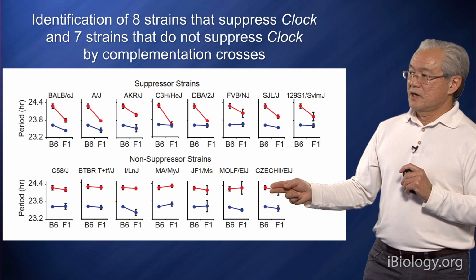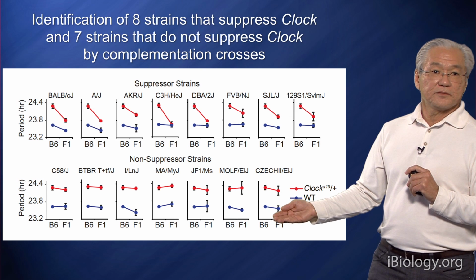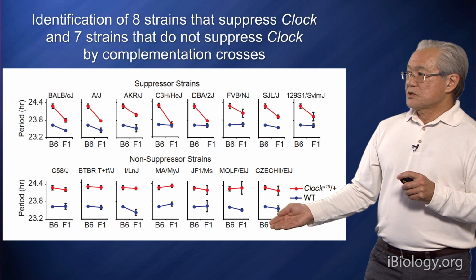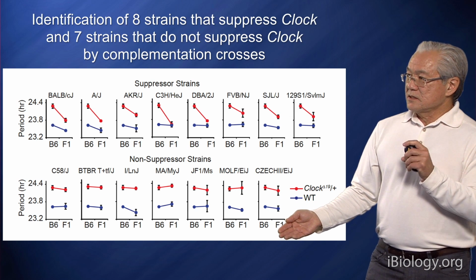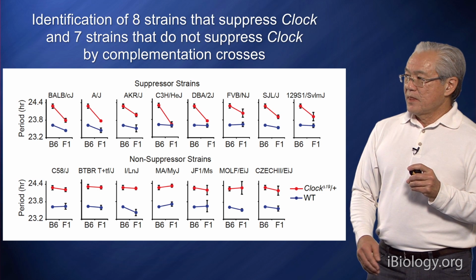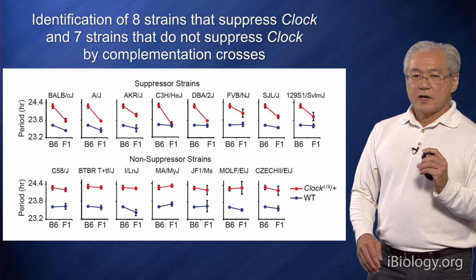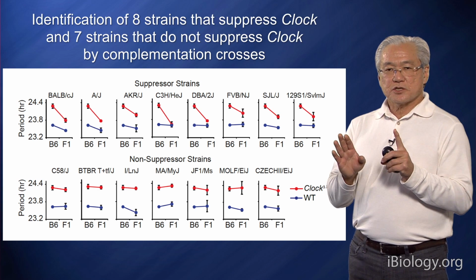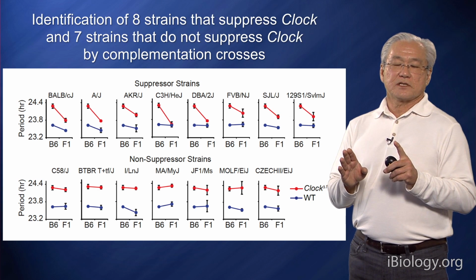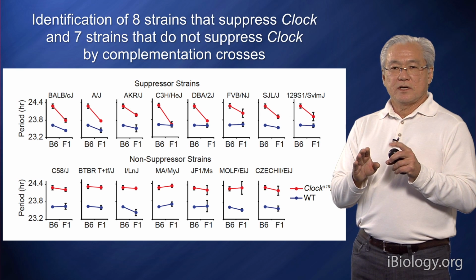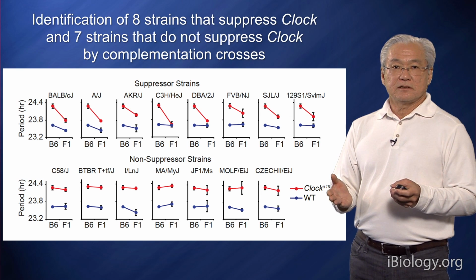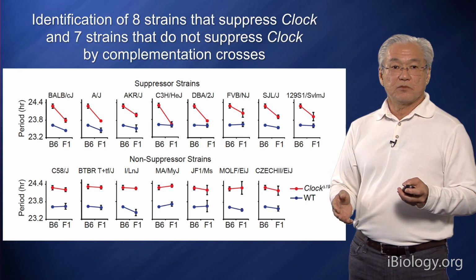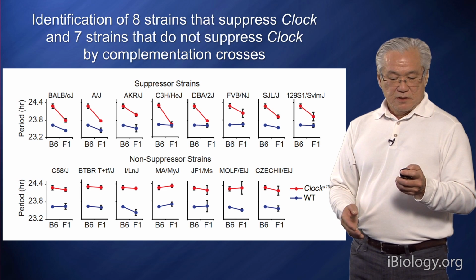You can see the red lines are horizontal or parallel. So this experiment confirmed our hypothesis that it was likely that the suppressor in the genetic background of BALB-C was an ancestral allele that was carried by many other inbred strains of mice.